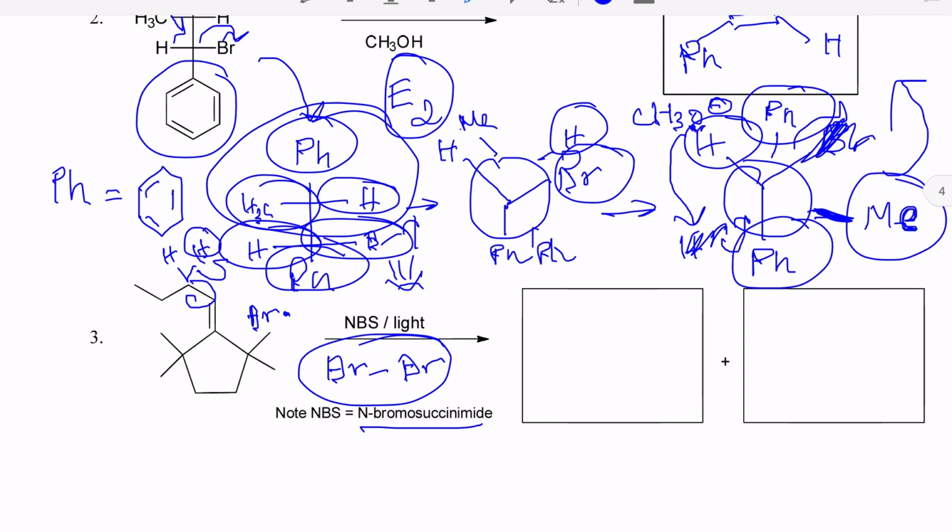My arrow drawing notation was a little wrong there. And what this means is that we formed an allylic radical.